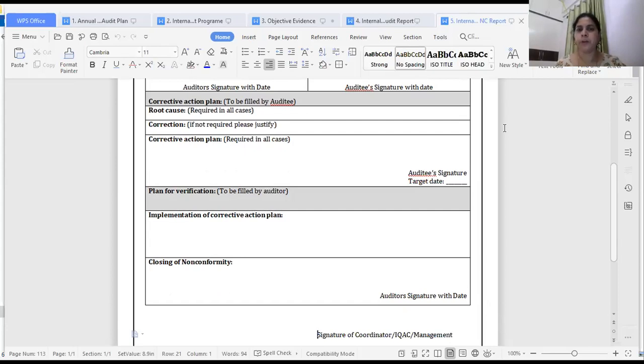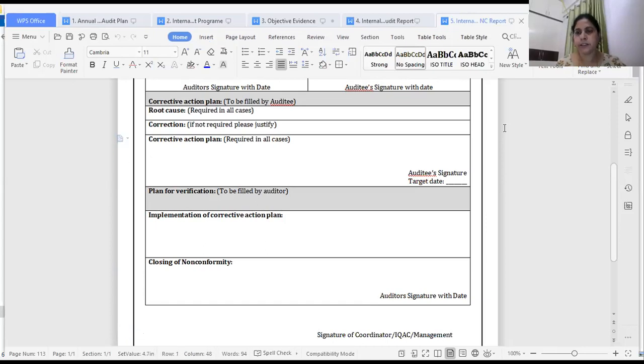You have to complete it and close it. Only then can you take the next audit on that process. Otherwise, the process is not working properly and it remains like that. There's no point doing a normal audit on that process again until you take a corrective plan on it.